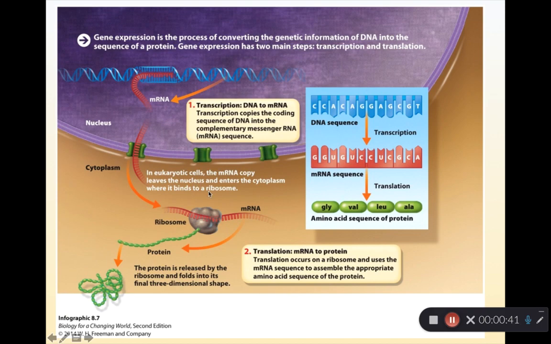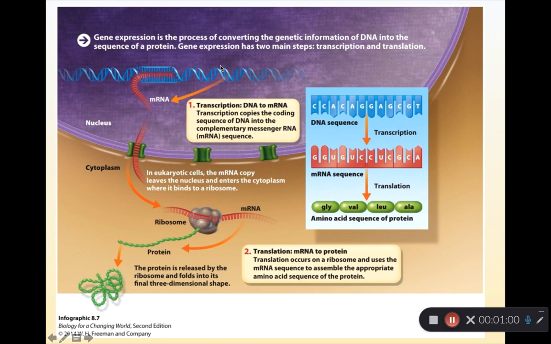Your book has a really great figure that outlines this whole process of transcription and translation in one helpful figure. And we're going to be going specifically through each of these steps to understand what's happening at each area.